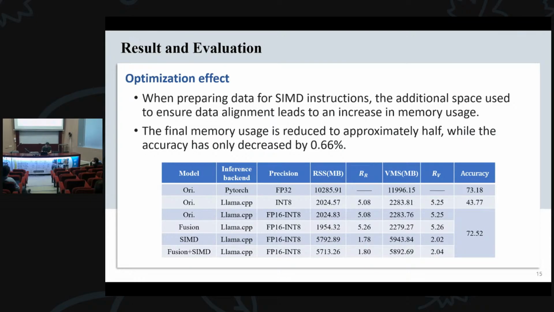However, due to the data rearrangement to prepare the data for the SIMD instructions, additional space is necessary to ensure data alignment. It also leads to an increase in memory usage compared with the optimized precision. Anyway, it's still good compared with the original floating 32 bit. The final memory usage is reduced to approximately half, while the accuracy decreased by less than 1%.